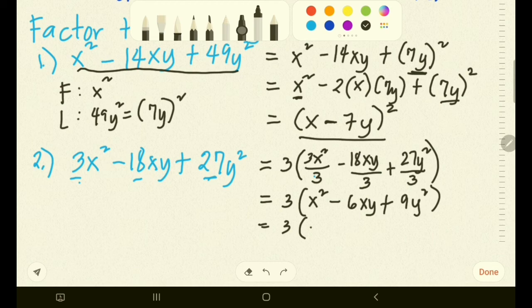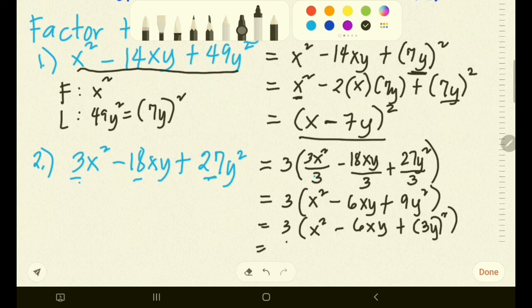That would be x squared minus 6xy. You express 9y squared into base 3y quantity squared.